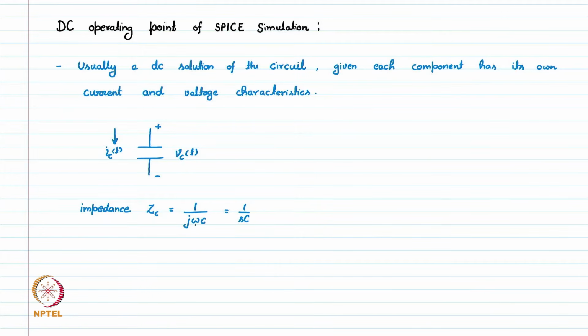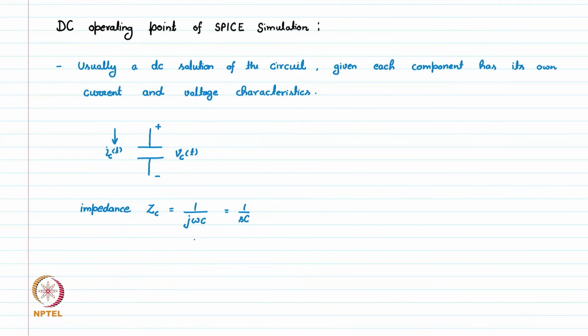So here we see this omega, this is the frequency of operation. If we have a very high frequency of operation, then this ZC value is very small because the denominator is very high. So the impedance is very small, it means the capacitor will act as a short circuit.